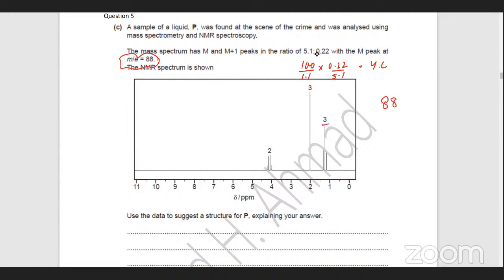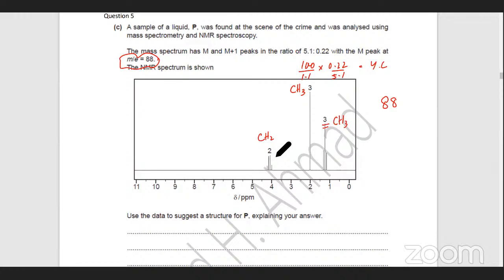Now, 3 hydrogens in this environment, that's probably a CH3. Not sure, but most likely a CH3. 3 hydrogens in the same environment, that's also a CH3 probably. And this one is probably a CH2. Also remember this: 3 hydrogens, that's a CH3 most likely. 2 hydrogens, that's probably a CH2.